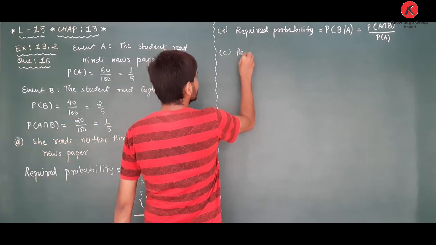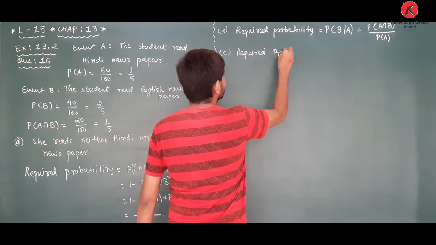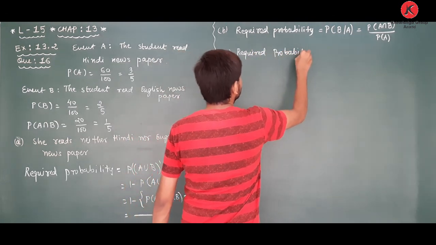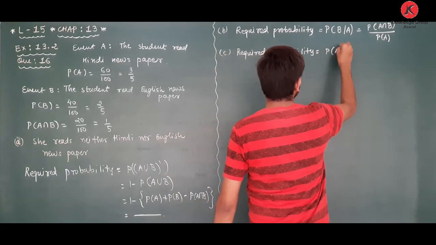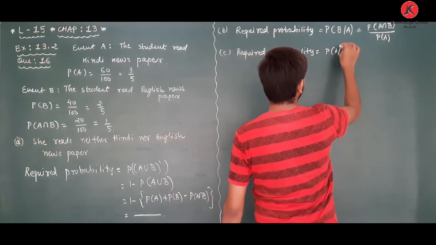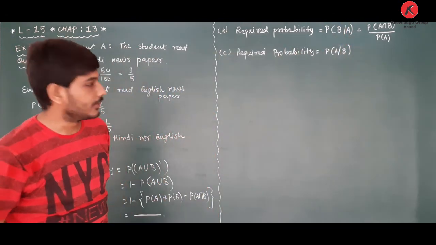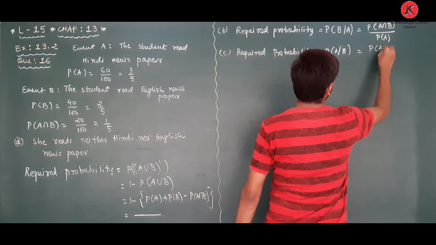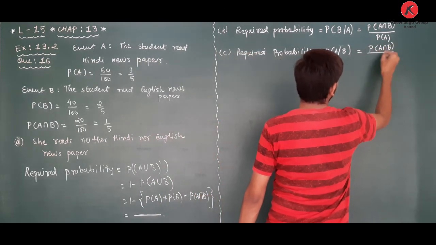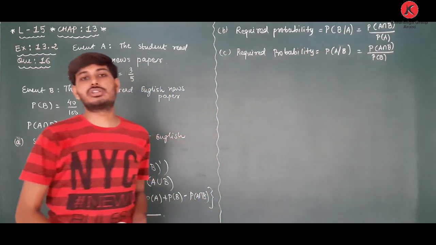Therefore, for this case, you have to find the probability she reads Hindi newspaper when it is given that she reads English newspaper. Okay? Therefore, the answer for this case is probability of A intersection B divided by probability of B. This is your conditional probability.